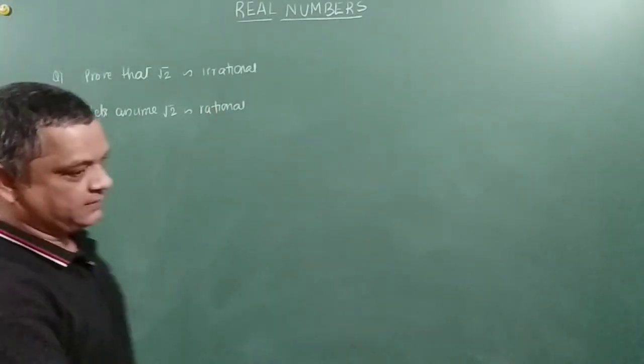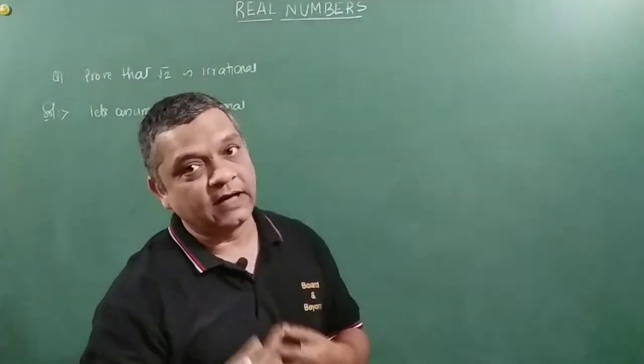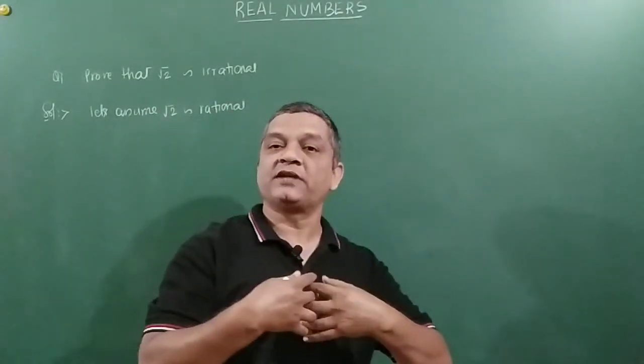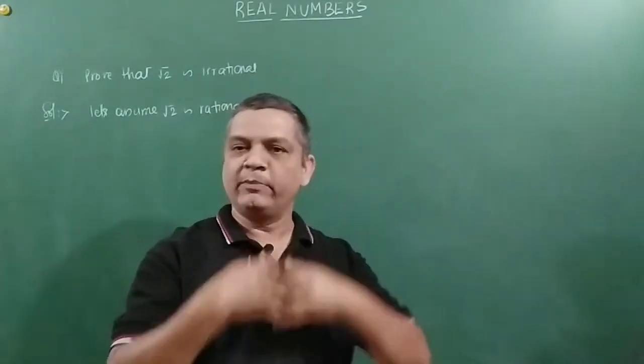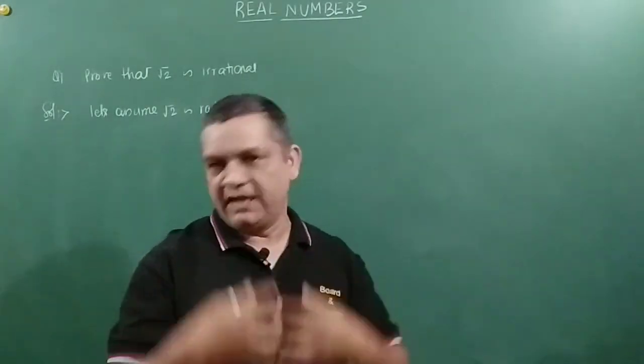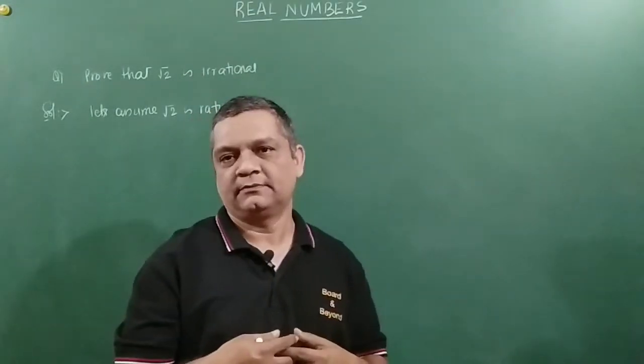The moment we assume root 2 is rational, any rational number as per the definition can be expressed in the form p by q or a by b, where a and b belong to integers, b is not equal to 0, and a and b are co-primes. Correct?